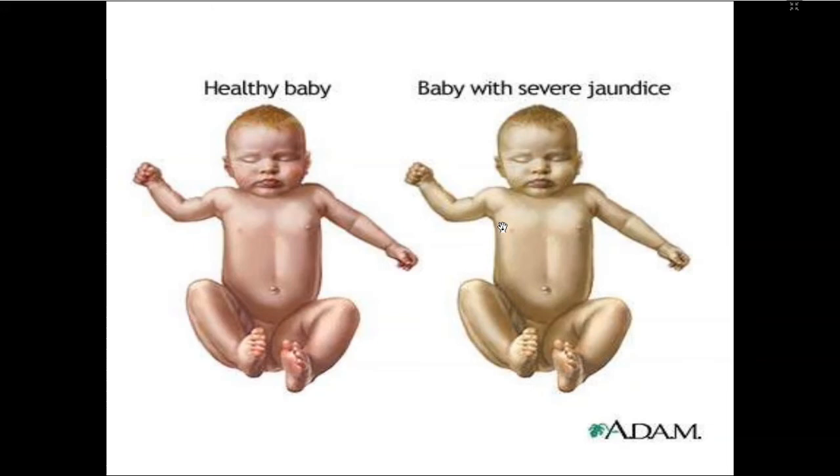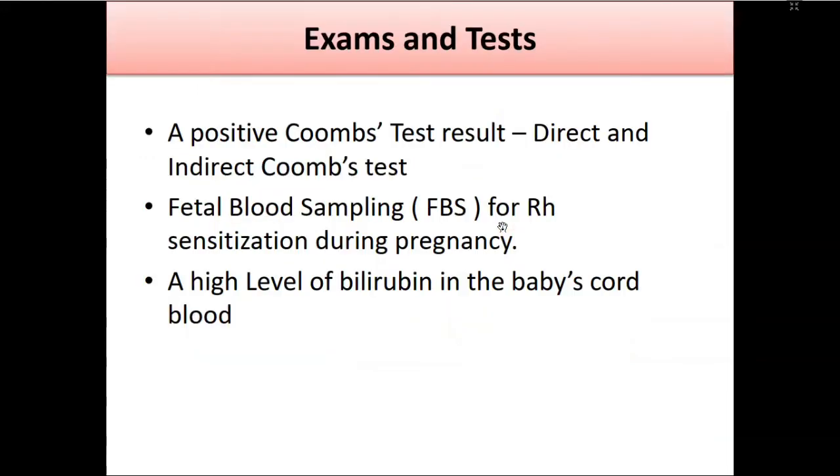So exams and tests. A positive Coombs test result, direct and indirect Coombs test. Basically, Coombs test is carried out for the presence of antibodies that are self-reacting antibodies, meaning autoantibodies that may cause destruction to own cells or tissues.